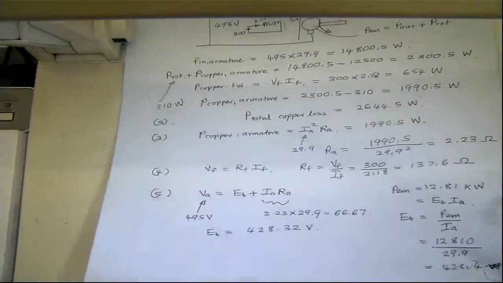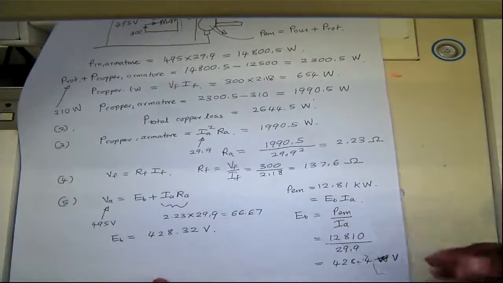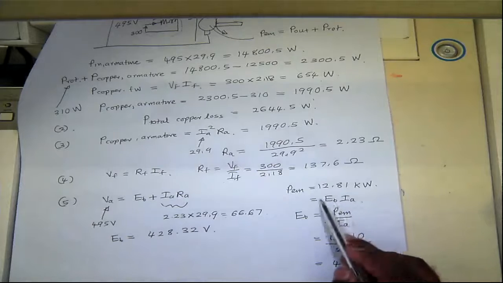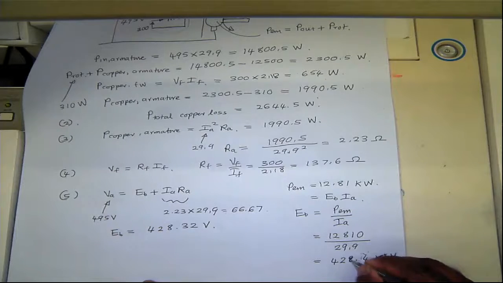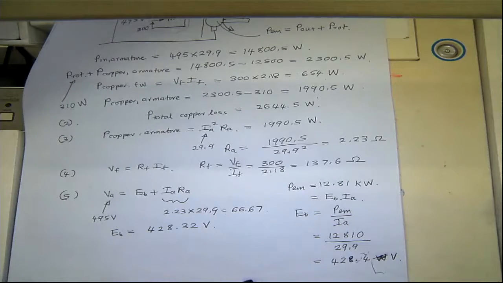EB times IA is equal to PEM, so PEM divided by this. So either way, it's okay.